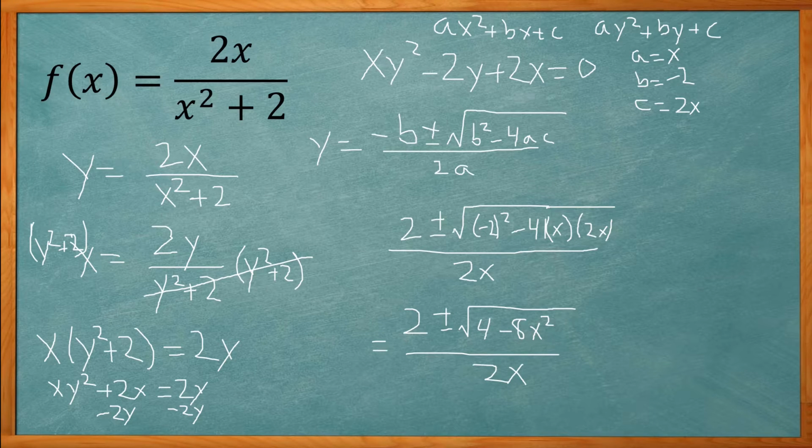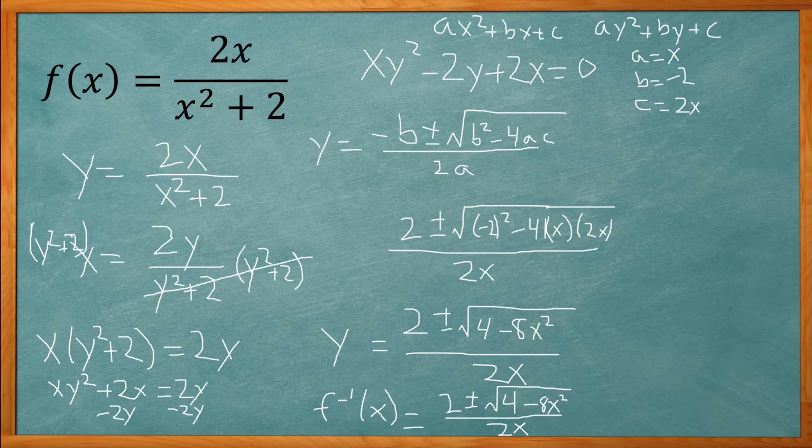So that was our y, or if we write it in the inverse function notation, 2 plus or minus the square root of 4 minus 8x squared over 2x. So that's going to be our inverse function. So this was a complex one where we had to use the quadratic formula in order to find the inverse function.